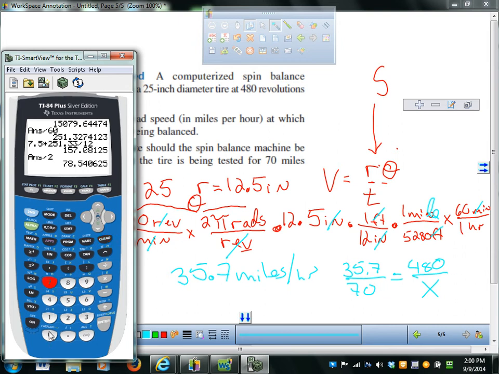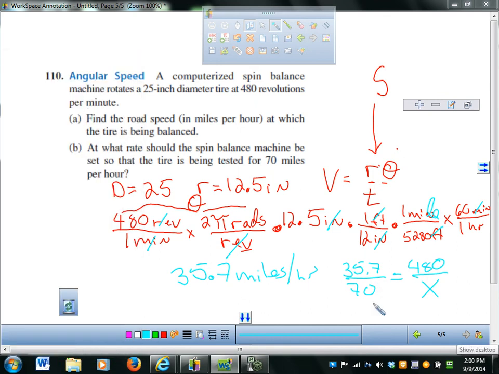Bell just rang. 70 times 480. Cross multiply and then divide by 35.7. And I end up getting 941.17 revolutions per minute. 941.17 revs per minute.